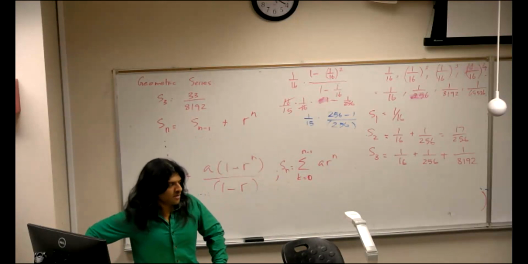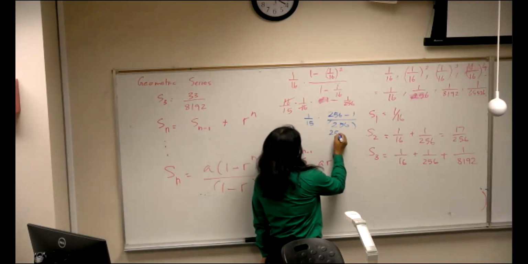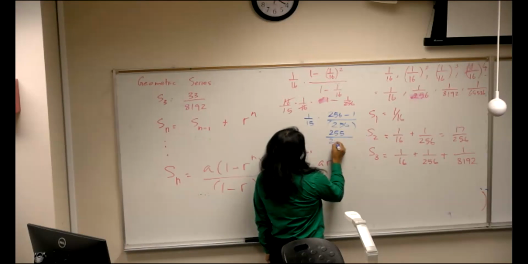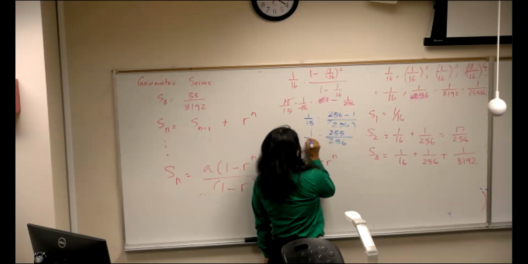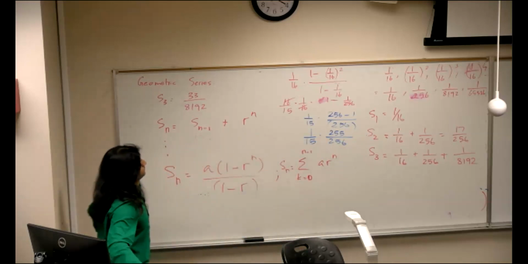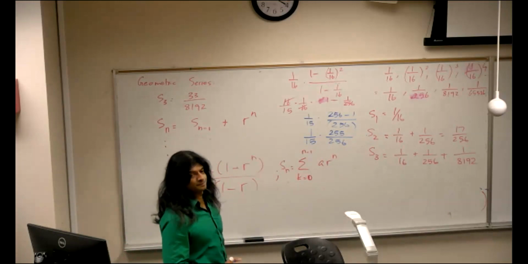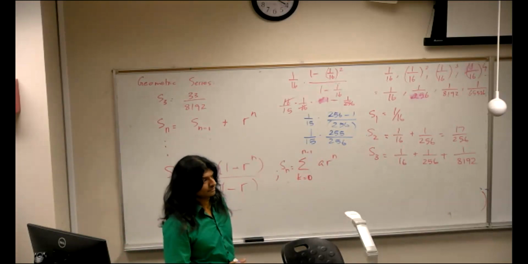Yes? 256 minus 1, 255. One over 15. And what is that? I should come to 17 over 256. Don't I?